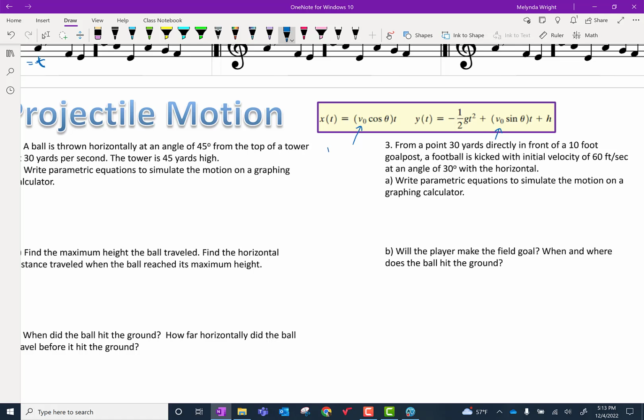That is initial velocity. Theta is the angle measure provided. And t is time. That's our parameter. H is initial height.